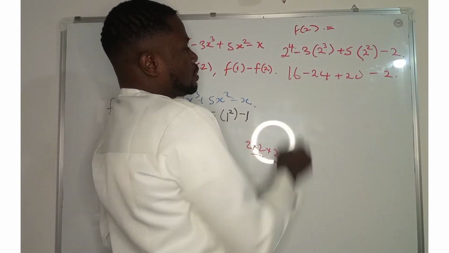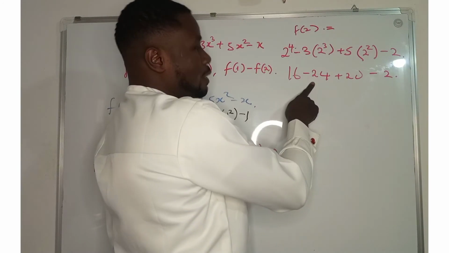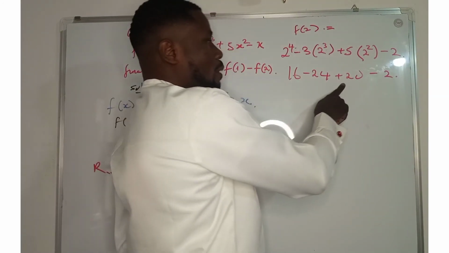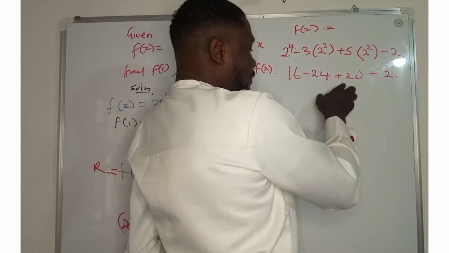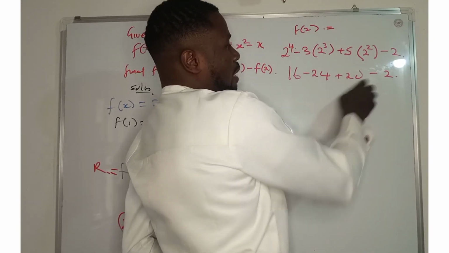So 16 minus 24 will be minus 8. Minus 8 plus 20 will be plus 12. 12 minus 2 will be 10.